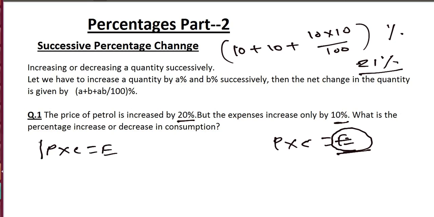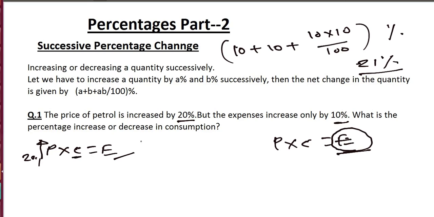This price is getting increased by 20%, and when the price increases, either we have to reduce the consumption in order not to increase the expenditure, or if you are increasing expenditure by a small amount, then you will have to decrease the consumption, right? So here we have to find the effect on consumption.